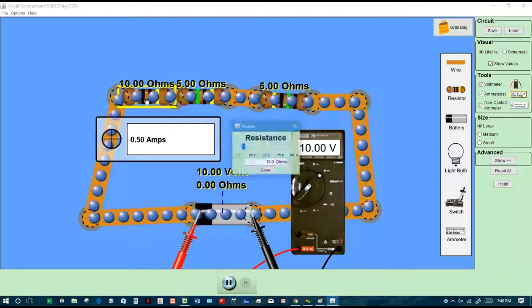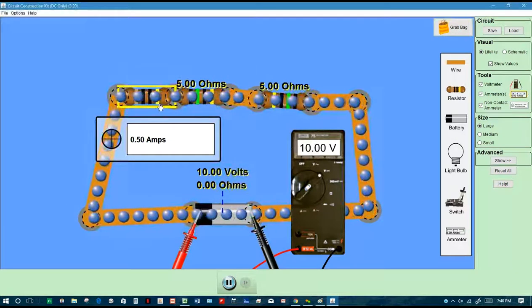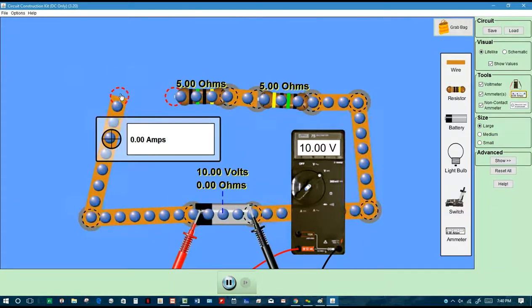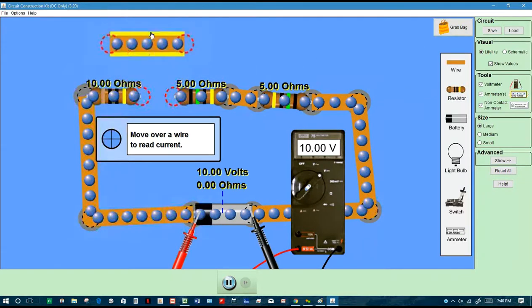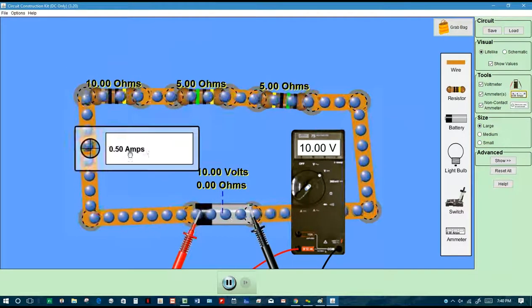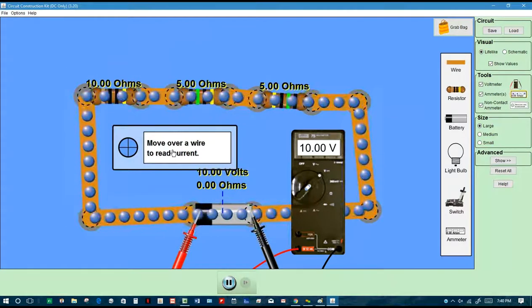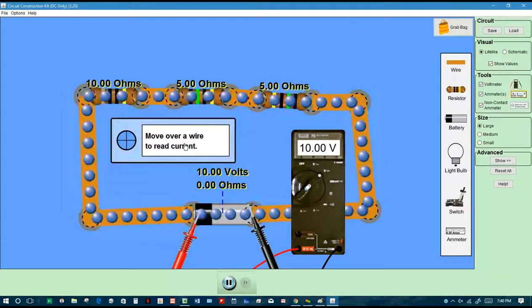Sorry, give me a second. All right, so what is our total resistance now? 20 ohms.